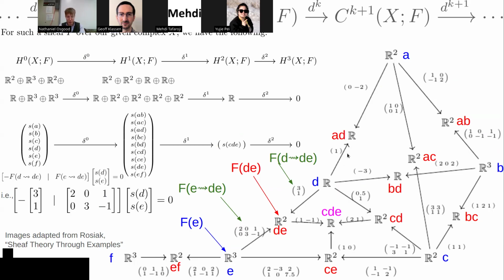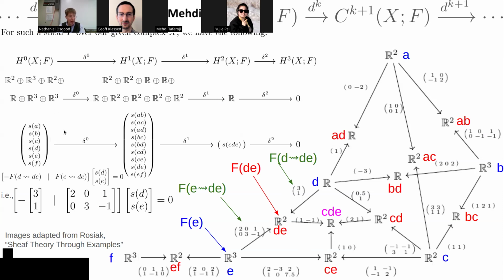We have data over C. There we are, 2, right? There's data over D. What's its dimension? 1. Data over E, dimension 3. Data over F, dimension 3. I didn't do the running tally, but that's a pretty big stalk over that.